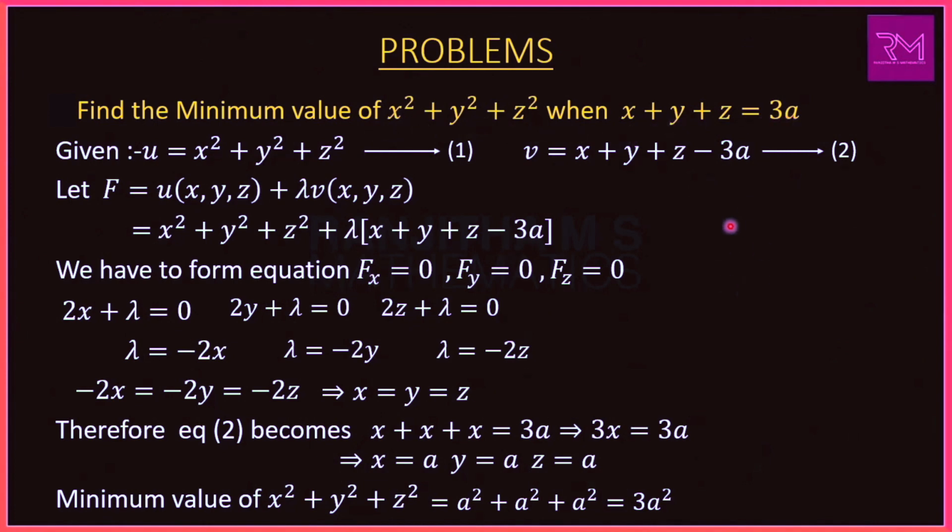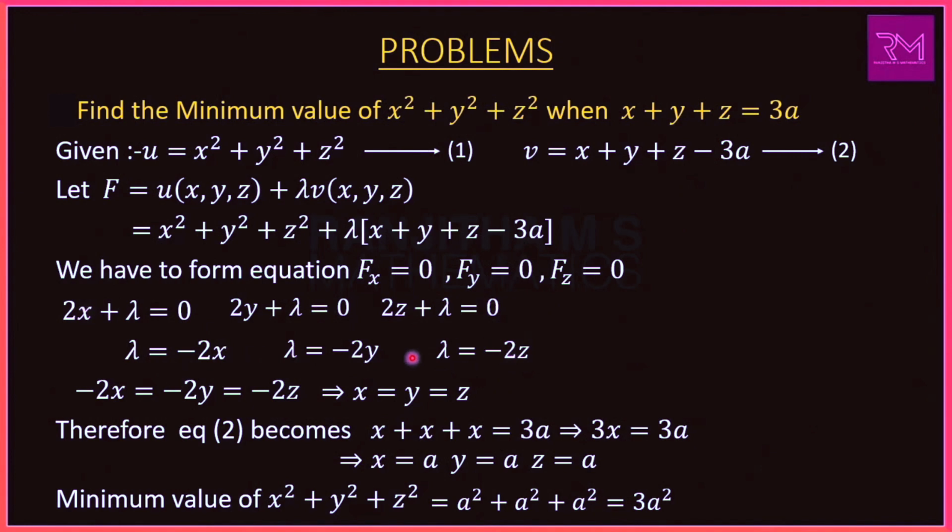This is the procedure to find the minimum value or maximum value subjected to some condition. To find the minimum value or maximum value, first we have to form the auxiliary equation. After finding the auxiliary equation, we have to form the equations fx equal to 0, fy equal to 0, fz equal to 0. Using those equations, find the lambda value.